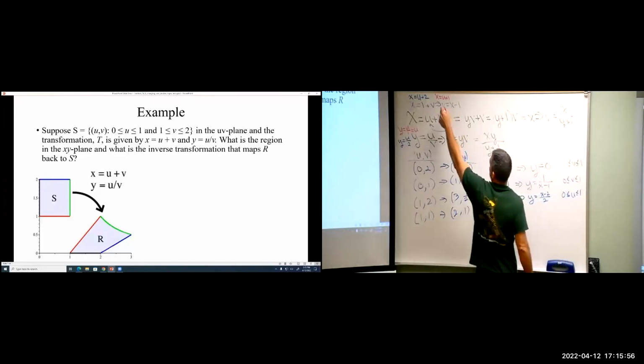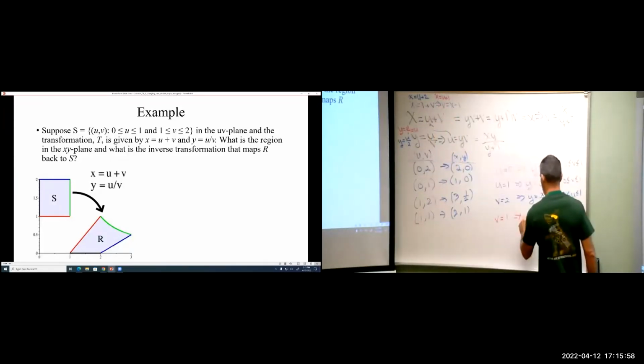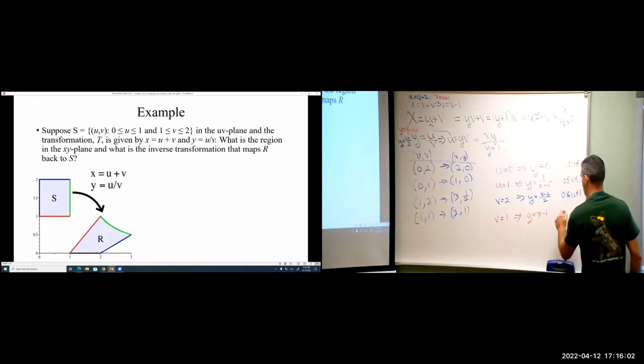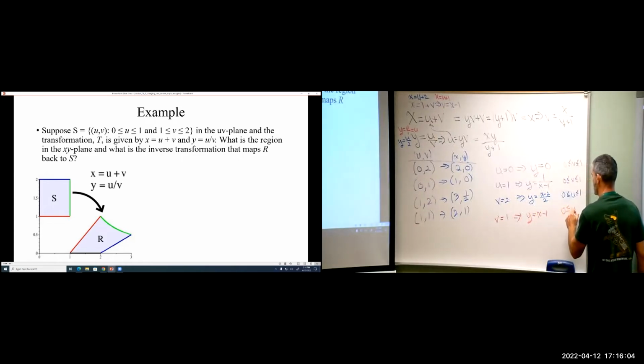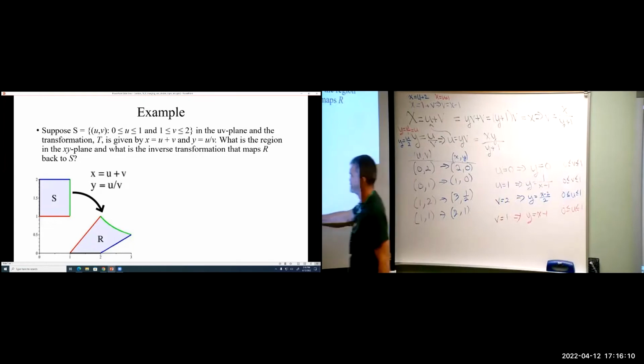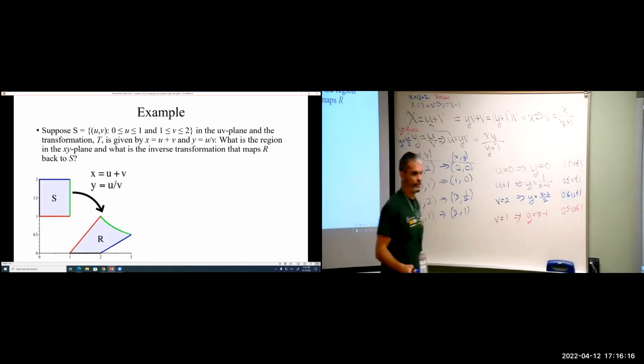So solving this for x, we get x minus 1. So this is the line y equals x minus 1. And this is for u going from 0 to 1, which would make x go from 1 to 2. So that's the relationship between the two regions.